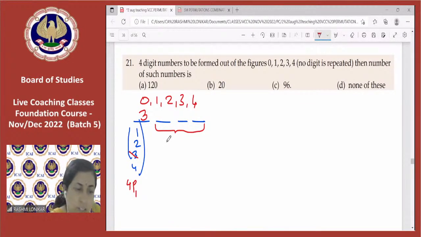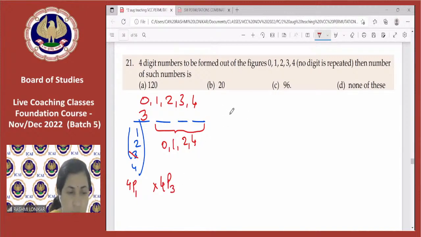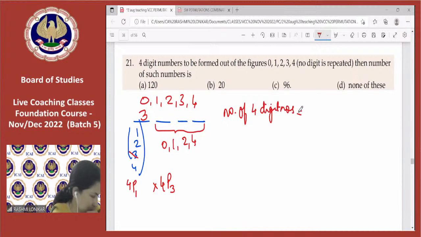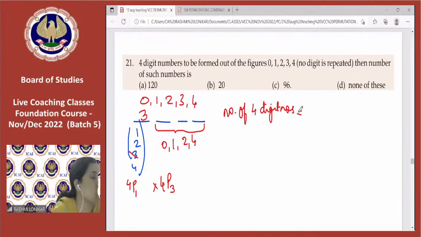So 0, 1, 2, and 4. Because I have 3 already placed in the thousands place. So 4 digits are there. How many should I select? 3. So into 4P3. So number of 4-digit numbers is equal to 4P1 into 4P3.